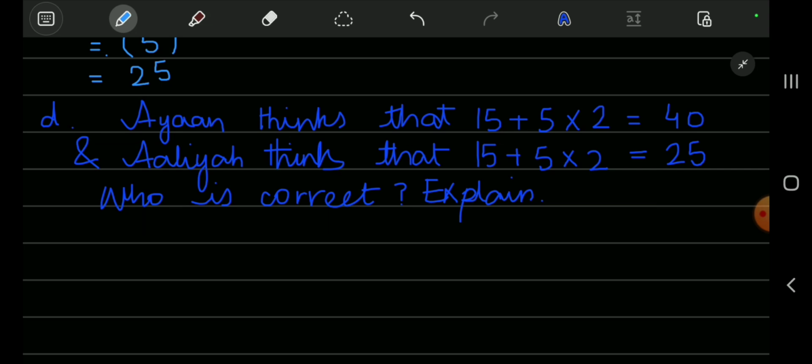So see, this is also a way of doing it, that first add and then multiply, and there is a second way of doing it, that first multiply and then add. So what is the correct way? So obviously by using the BODMAS rule, you will get to know the correct answer.